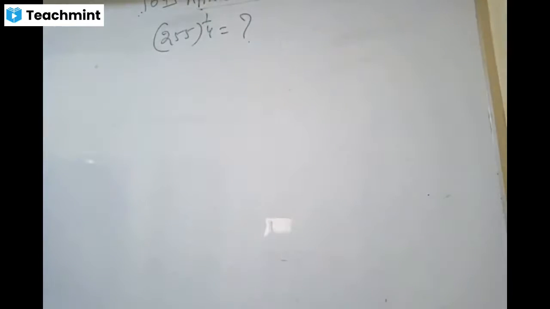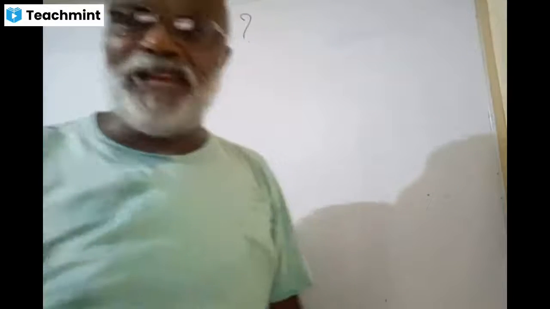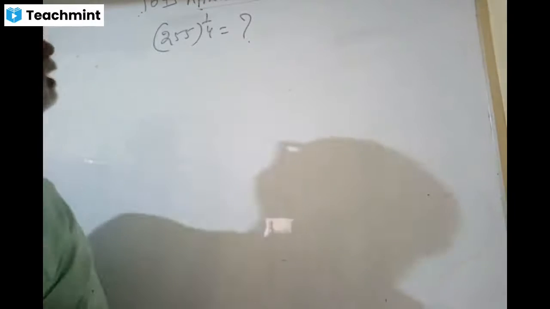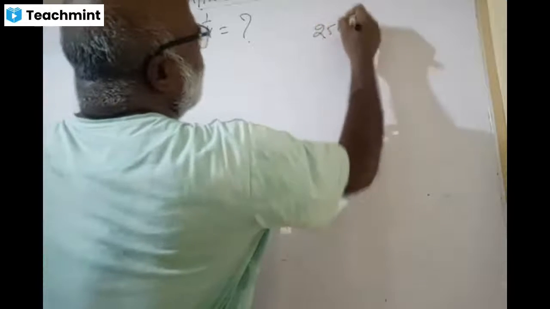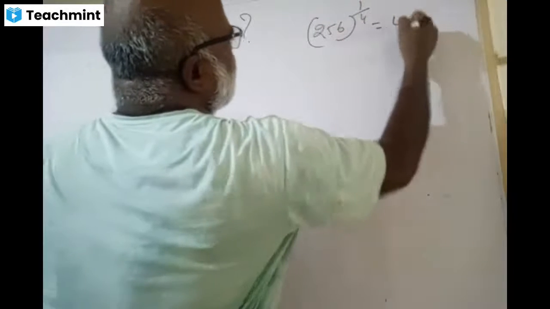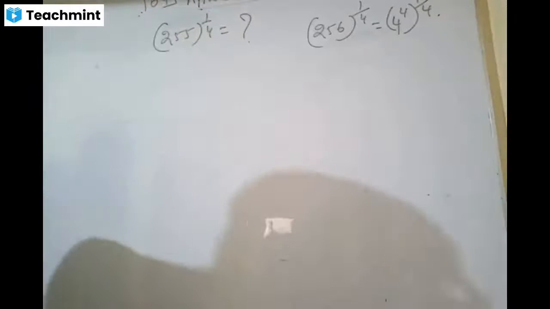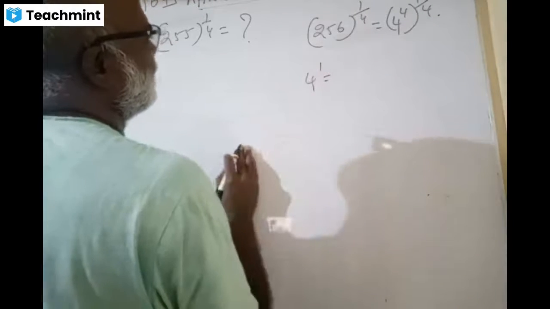255 whole power 1/4. Can anybody say what the nearest fourth power number is? 256 whole power 1 by 4 is nothing but 4 power 4 whole power 1 by 4. What a brilliant number.